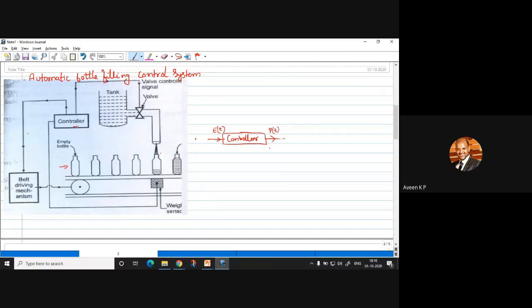So I will not represent both in series, because the output is given to both. The first one is the valve position, I will write it in this way.